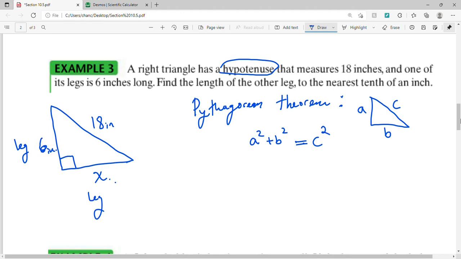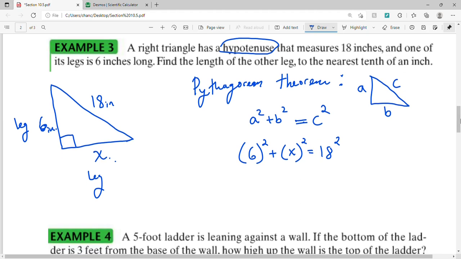So we could substitute this into the formula as 6 squared plus x squared equals 18 squared. 6 squared is 36, plus x squared is x squared, and we can calculate 18 squared as 324. Let's subtract 36 from both sides to isolate that x squared term. This gives us x squared equals 324 minus 36, which is 288.